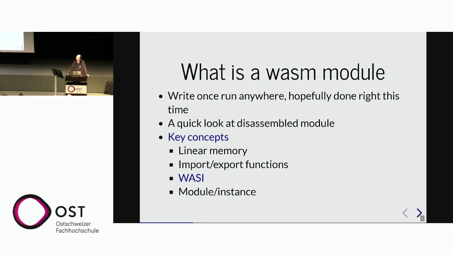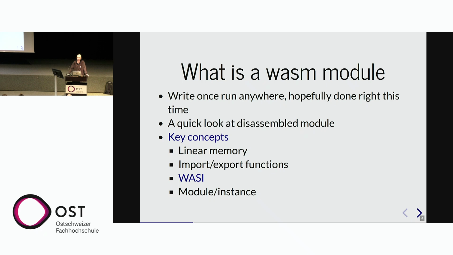And finally, there is the module and instance separation in a Wasm module's lifetime. When you load a Wasm file from disk, you have to do some just-in-time compilation so that it becomes a stateless piece of machine code in memory. That is what we call the Wasm module. And one Wasm module can be instantiated many times.